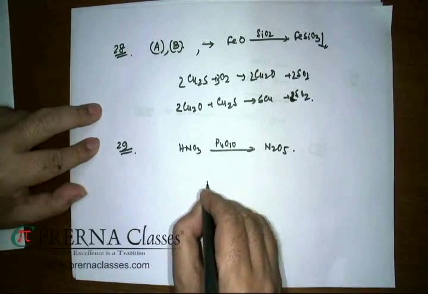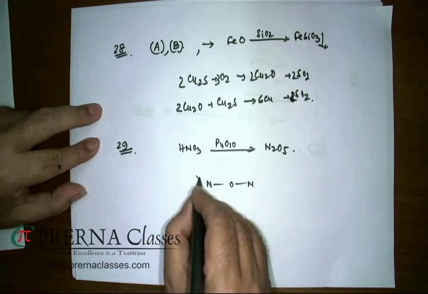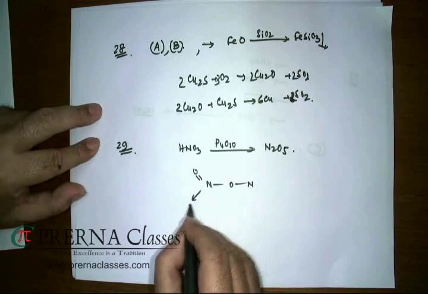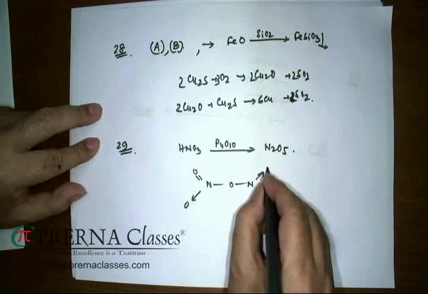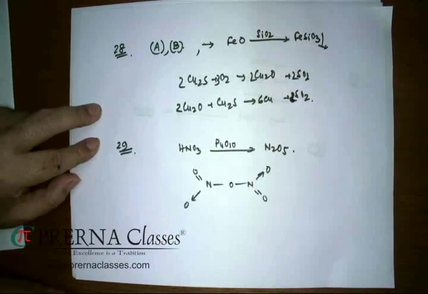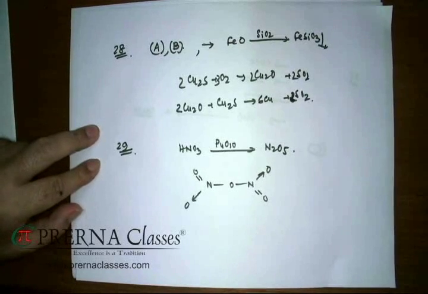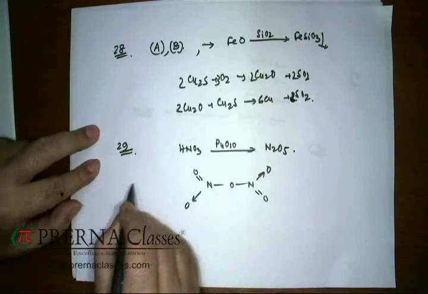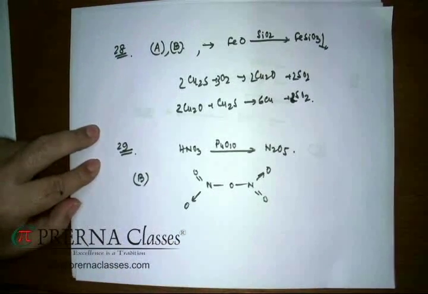If you look at the structure, it contains one N-N bond, which is not a correct statement. So I have only accepted B. It's diamagnetic, that's a correct statement.